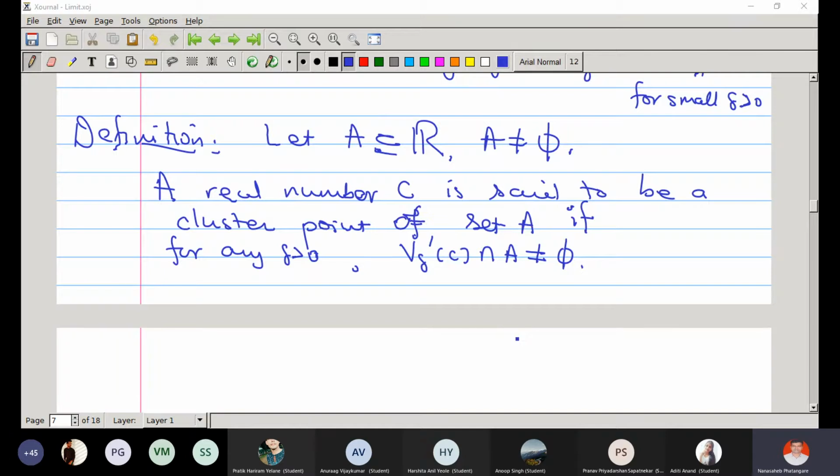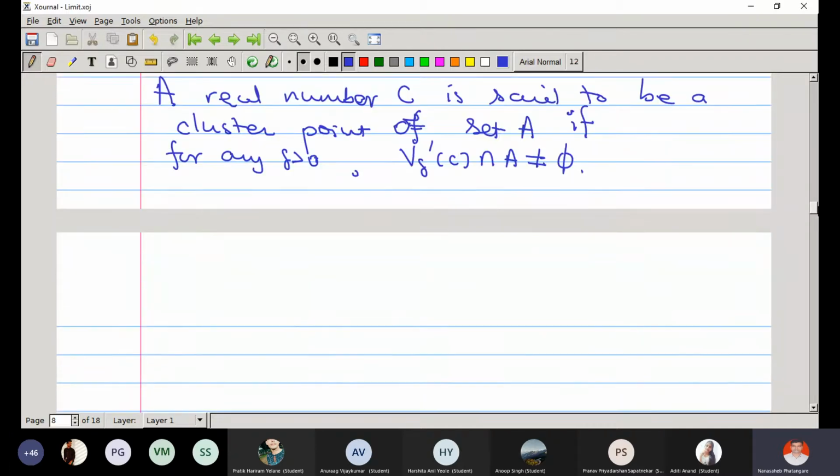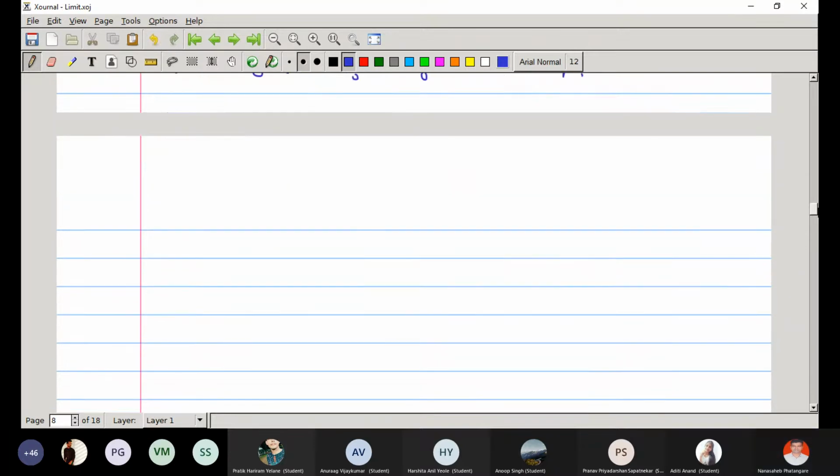So a point is a cluster point means what? For any delta, whatever delta you take, if you take a neighborhood around that point of any radius delta, it should be overlapping with set A. Then such a point is called a cluster point of the set. Right.